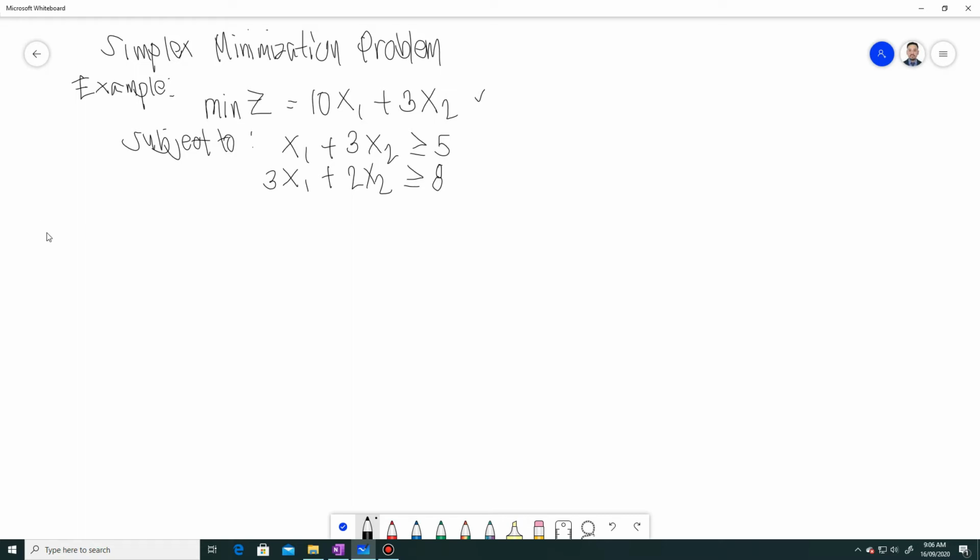We have now min z plus the artificial non-negative variable coupled with the big M, and then we have zero coefficient slack variables.